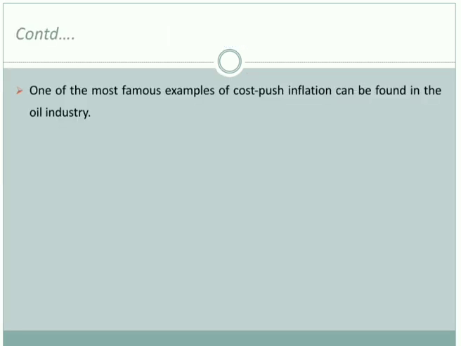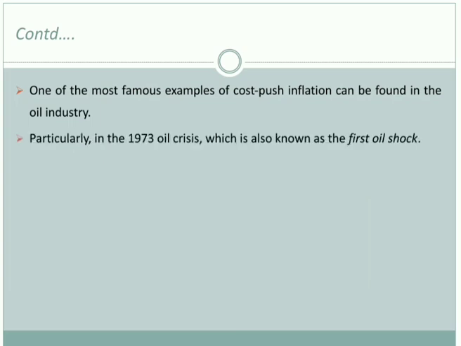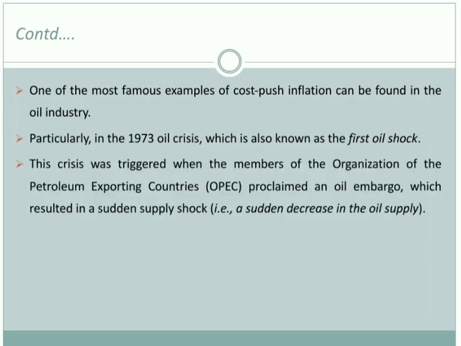One of the most famous examples of cost push inflation is, again, from the oil industry. Particularly in 1973 there was an oil crisis, also known as the first oil shock. This crisis was triggered when the members of OPEC, the Organization of Petroleum Exporting Countries, mostly Gulf countries, proclaimed an oil embargo, which resulted in a sudden supply shock, that is, a sudden decrease in oil supply.